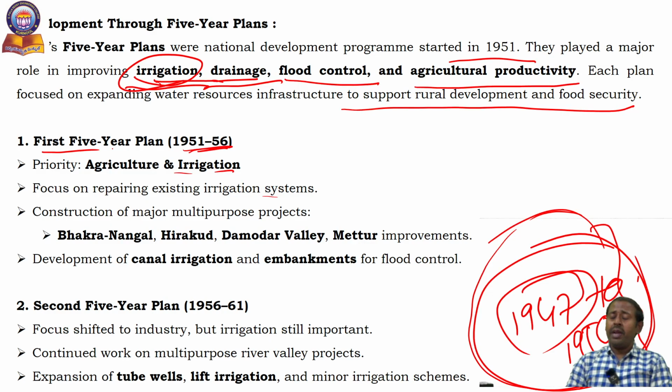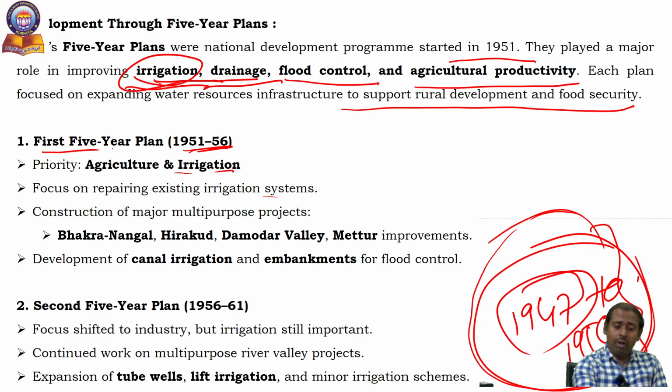Already in the post-independence period some irrigation systems existed, but they did not have proper implementation or development, so the government took up repair works on the existing systems, and utilization.